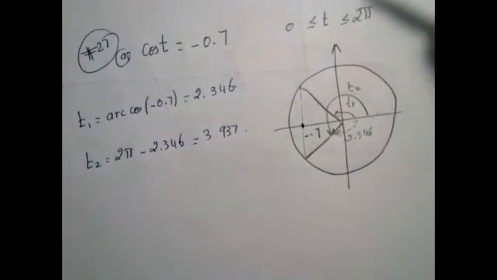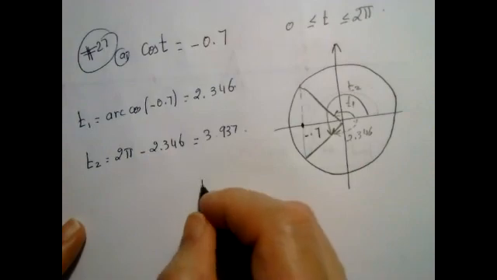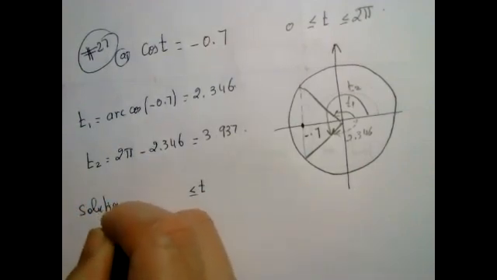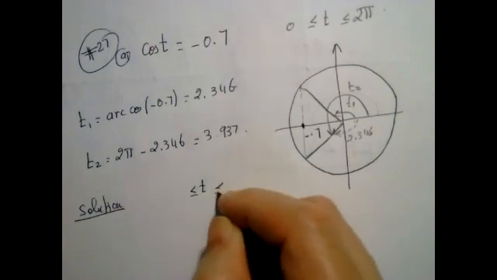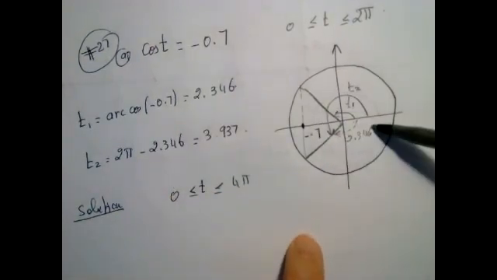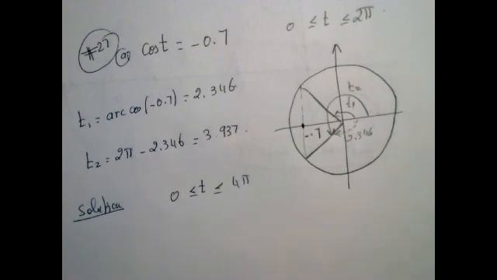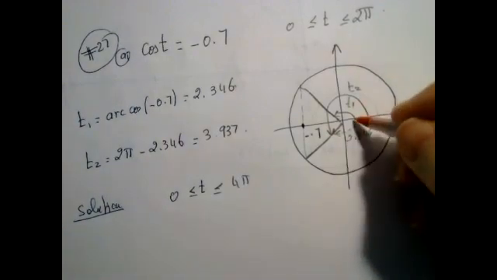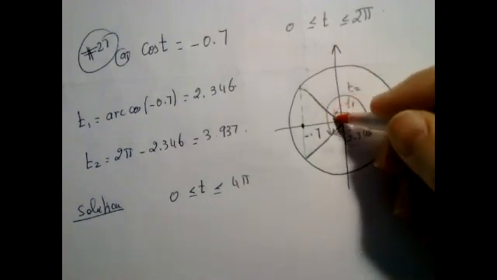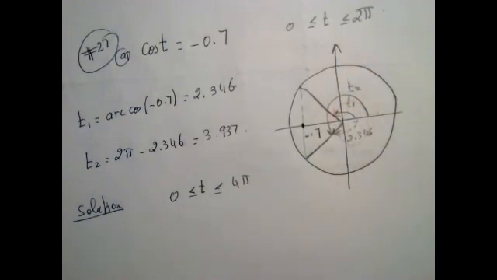Okay, this will give me all the values. Now I can start pushing you between 0 and 4 pi. Between 0 and 4 pi, you know what to do. You have one solution, you use T1, you wrap around the circle once, you get another solution.